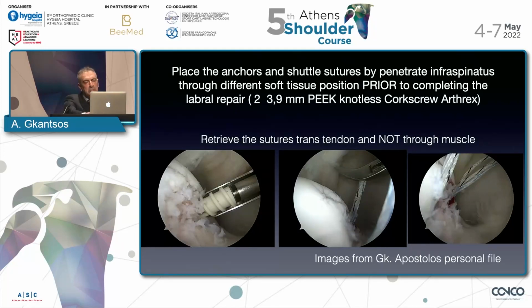We usually use big anchors like the 3.9 Peek Corkscrew, for example. It's an alternative. And always we retrieve our suture with the old school Barbie, transtendon and not through the muscle.